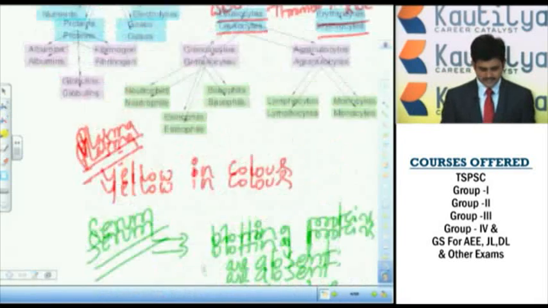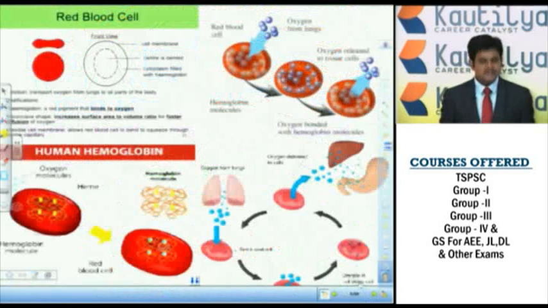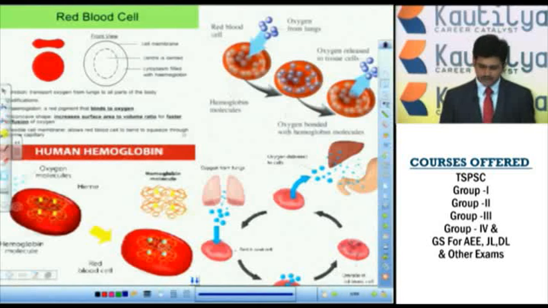And let's see what actually RBC is. RBC are nothing but red blood cells or erythrocytes. And why are RBC generally dumbbell or biconcave in shape? Let's see it in the picture.